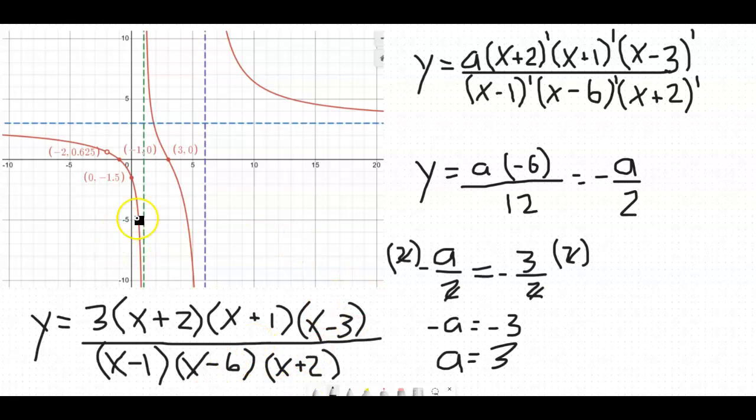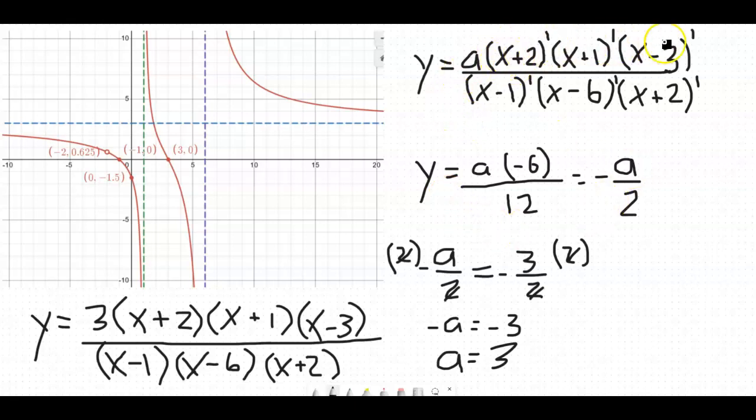But before we do that, I want to go back and look at this horizontal asymptote at y is equal to 3. So remember, the only way that we have a horizontal asymptote that is anything other than y equals 0 is if the top and the bottom exponents of the highest terms are the same.